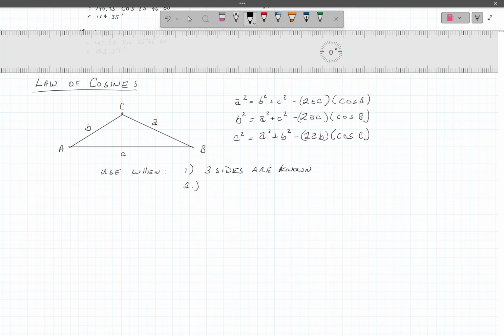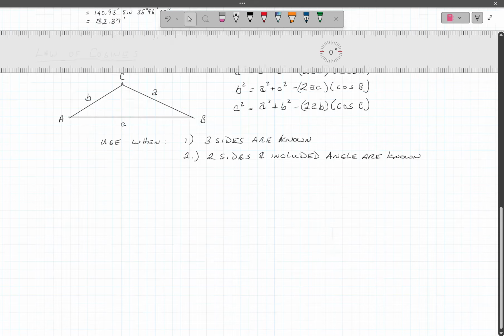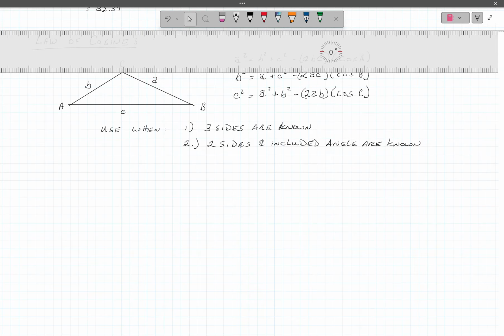Option 2, two sides and the included angle are known. Okay. All right. So let's do an example of this one, and then let's see how this is going to turn out here.